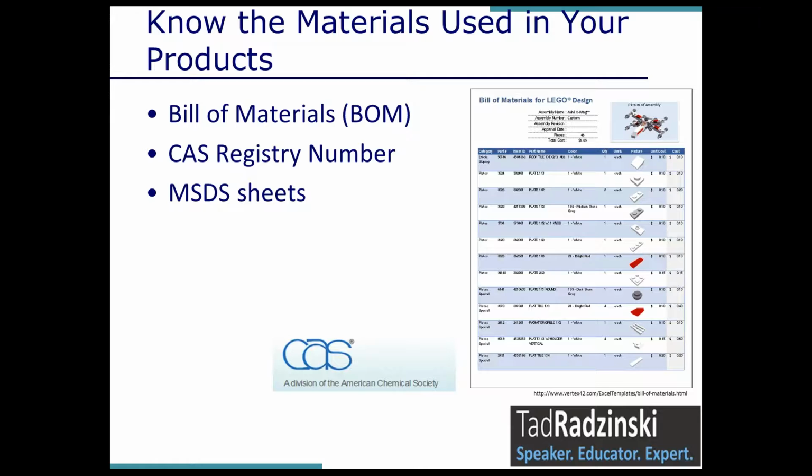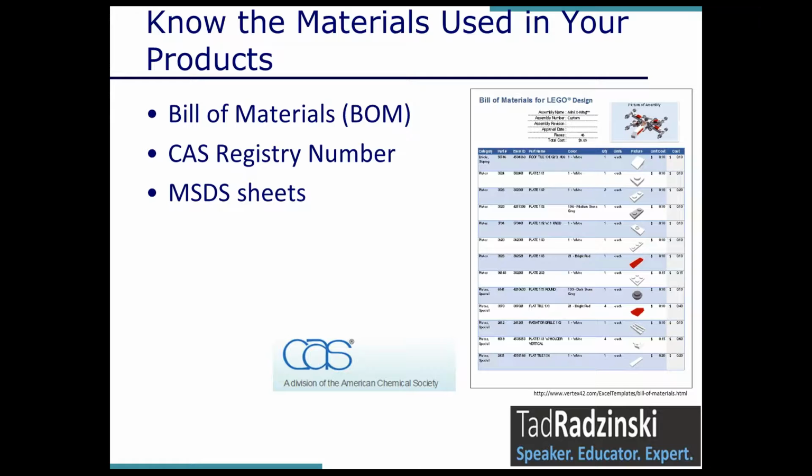Going back to your supplier to say, okay, you're providing us this metallic part, and that's really great, but we really need to know what are the CAS numbers of all the different materials and chemicals within this particular part you're supplying to us. So that's a really good source of information, and as there's movement towards material and ingredient disclosure, chemical requirements from corporations, etc., using that CAS number is going to be a valuable tool.